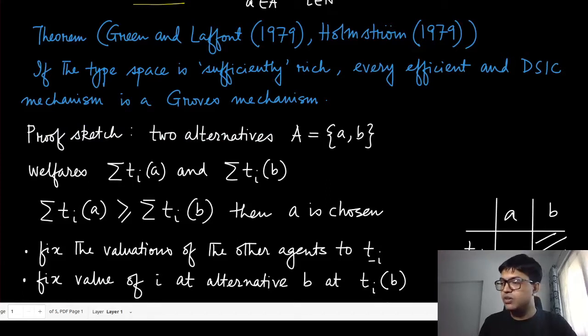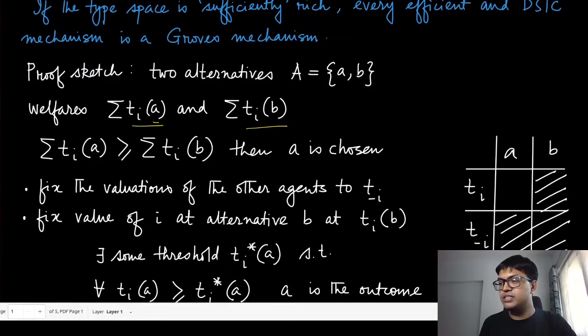Let's say we are looking at the sum of the valuations of all the players at alternative A and that at alternative B. And we know that efficiency means that whenever the sum over t_i(A) is larger than or at least as much as the sum over t_i(B), then A will be chosen, breaking the tie in favor of A.